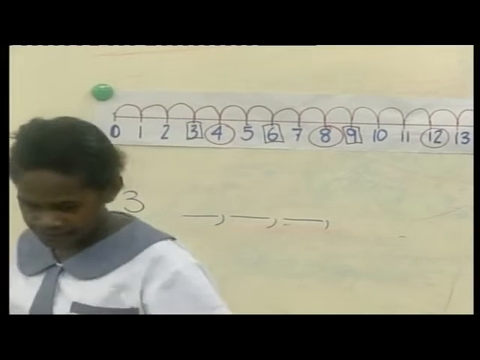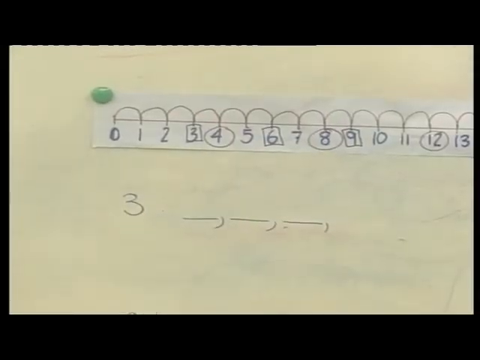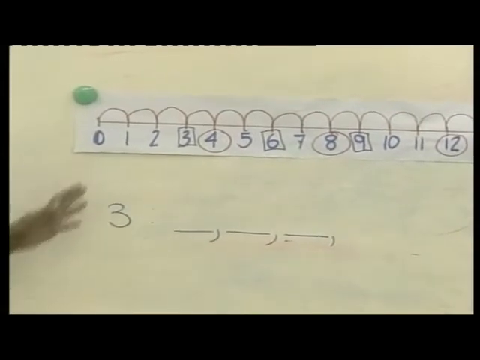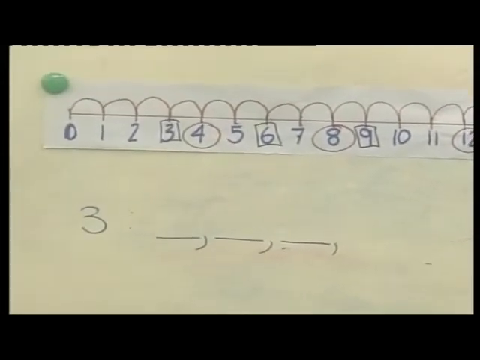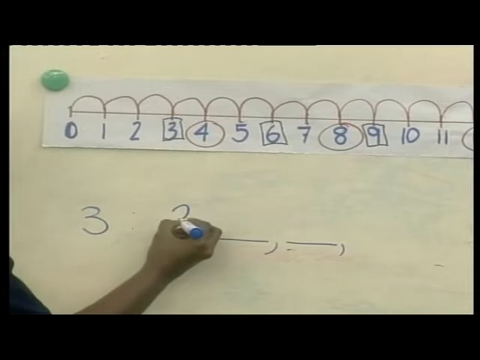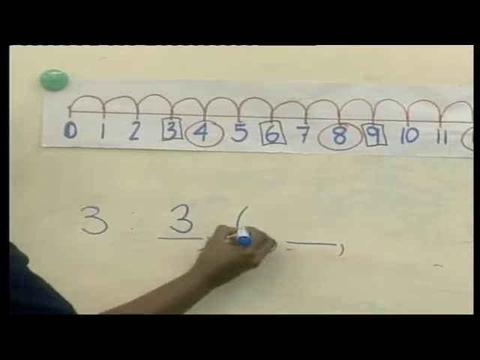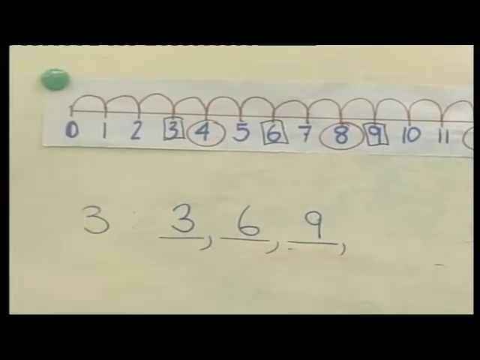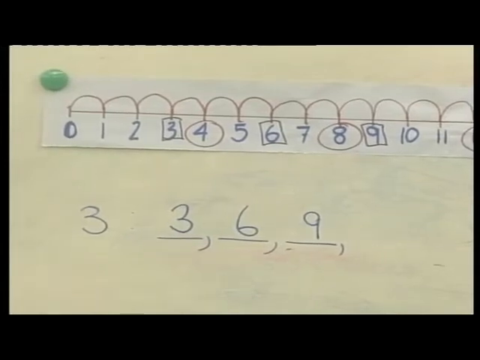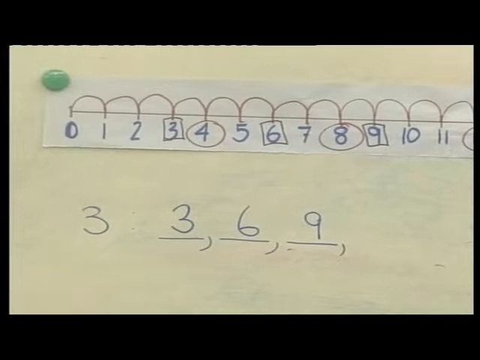Okay, thank you, Lorraine. Is she correct? Yes. Okay. So we can write it down, the first 3 multiples: 3, 6, 9, and then so on. Okay, you continue.